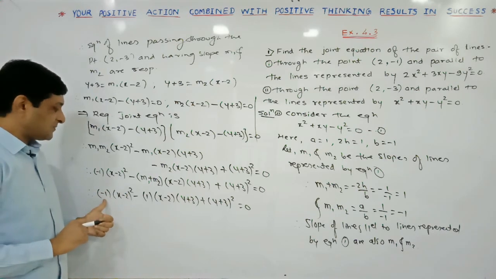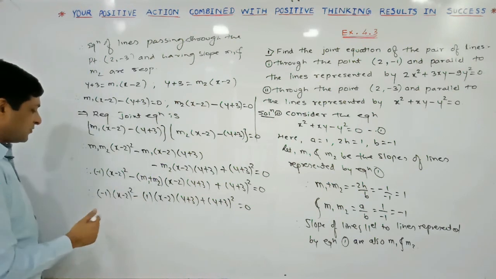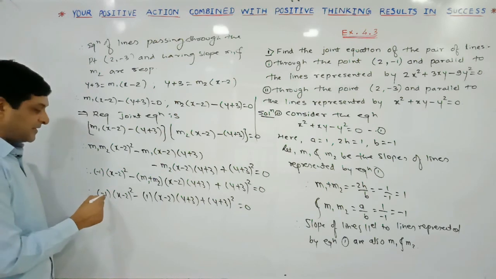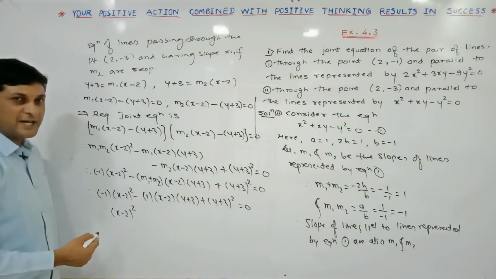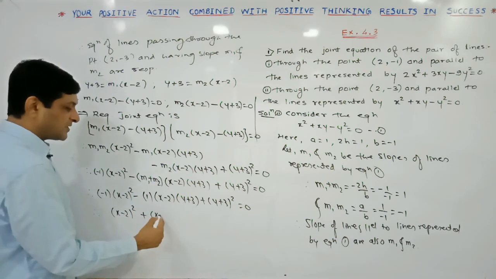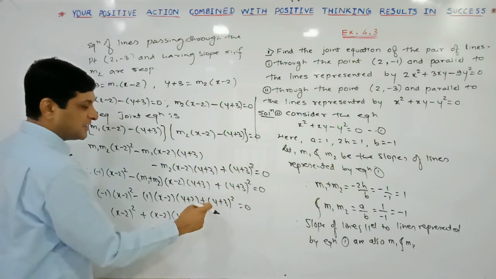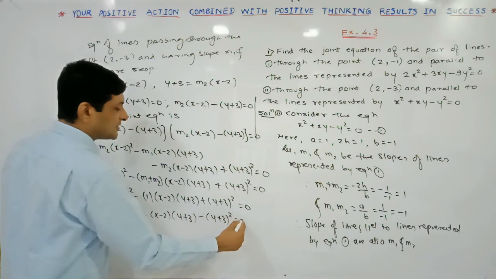To eliminate this minus, I am multiplying both sides by minus. Minus into minus 1 becomes plus 1, and plus 1 into (x minus 2) whole square is (x minus 2) whole square. Multiplying here by minus, we get plus (x minus 2) into (y plus 3), and multiplying here by minus, we get minus (y plus 3) whole square is equal to 0.